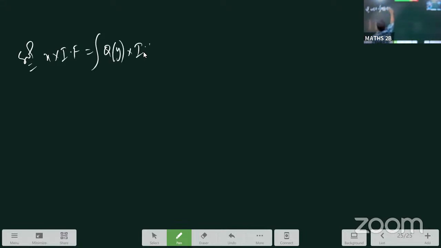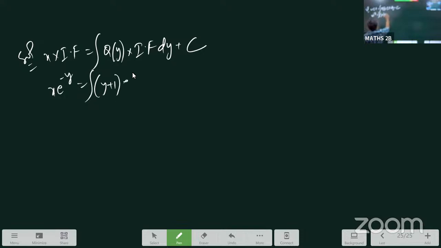So your solution will be x times integrating factor equals integral of Q(y) times integrating factor dy plus c. So x e^(−y) equals the integral of (y + 1) e^(−y) dy plus c.